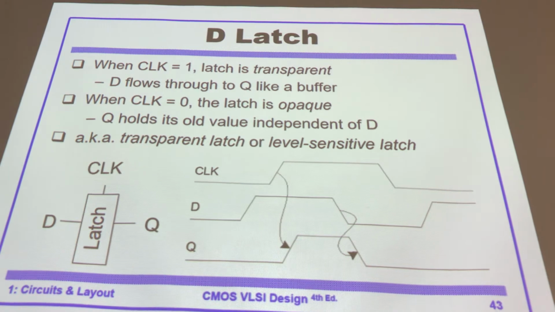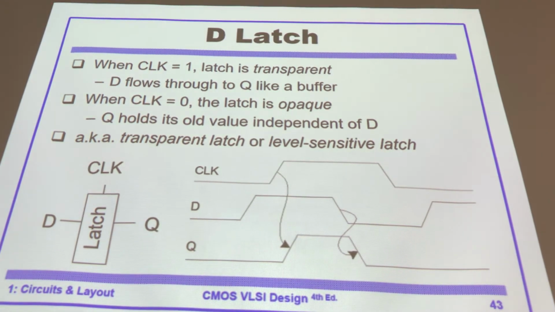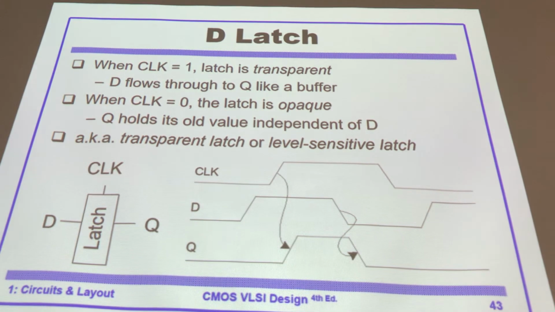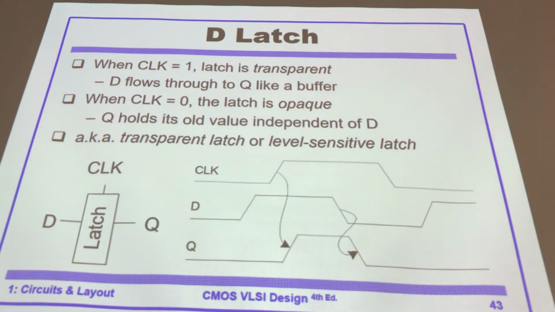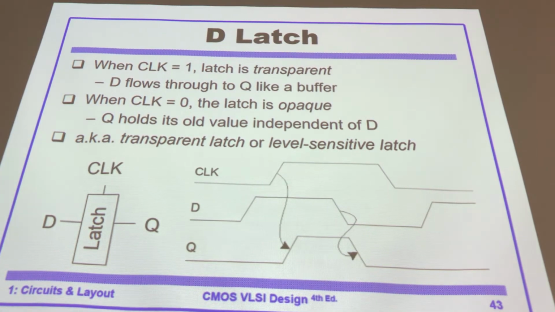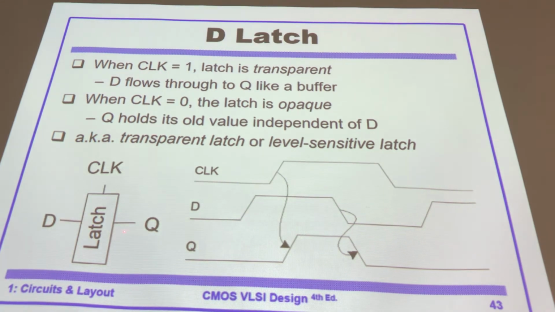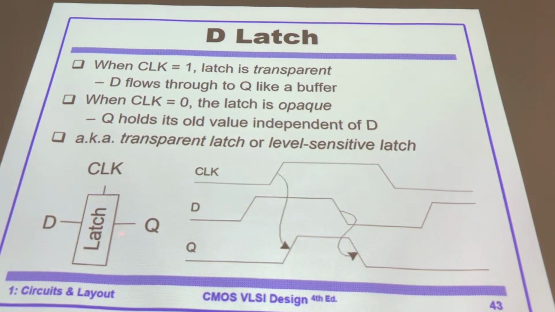Clock is just like the door. When the door is closed, the signal in front of the door cannot enter the house and the room. The door is closed. And the Q value is still right there. So Q keeps low, low, low, low, low.